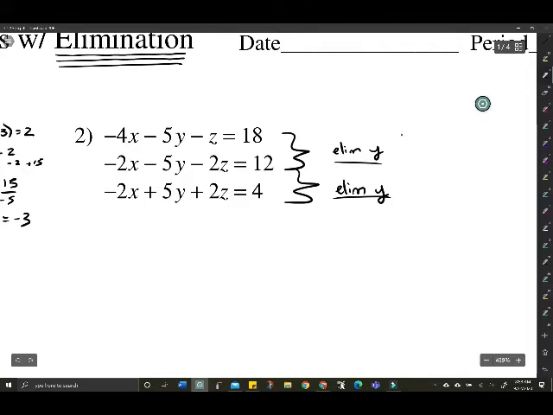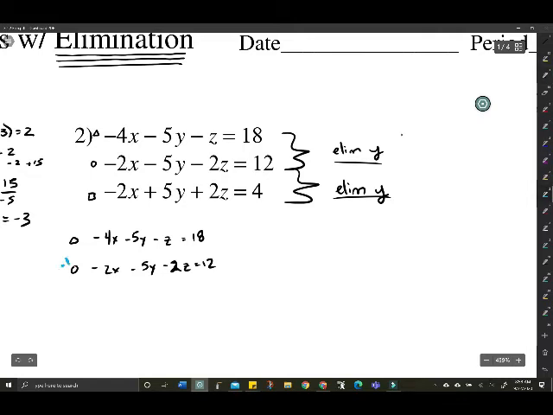Okay, so again, triangle, circle, square. Going to start out with triangle and circle. Negative 4x minus 5y minus z equals 18. Negative 2x minus 5y minus 2z equals 12.